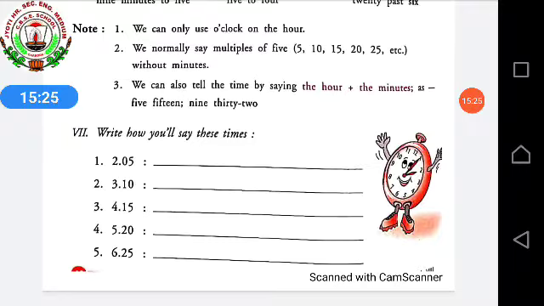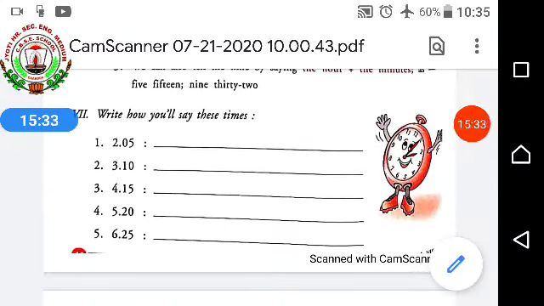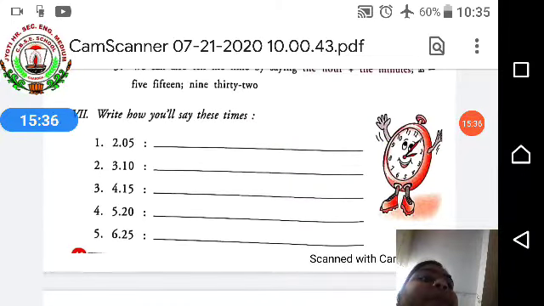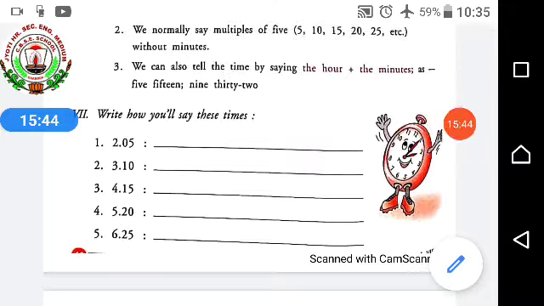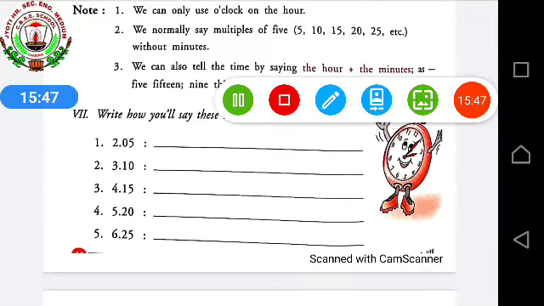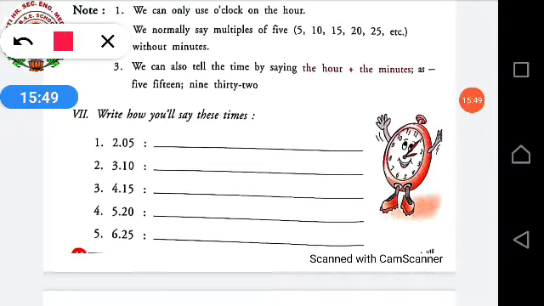You will write down 5 past 2. That means 2 o'clock is already gone, and after that 5 minutes extra.